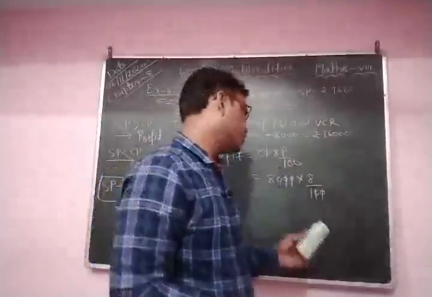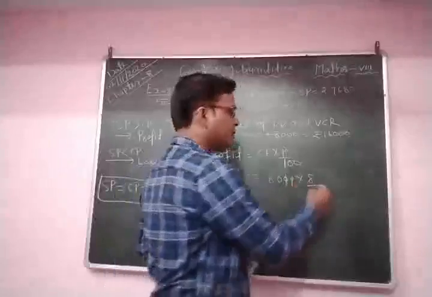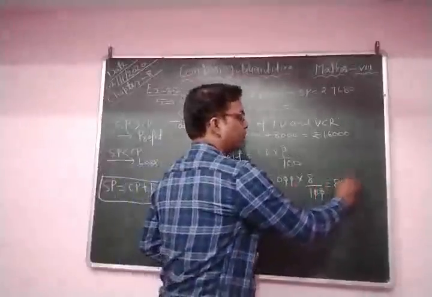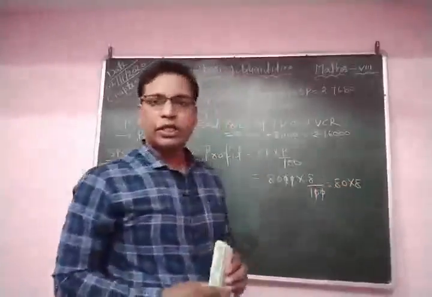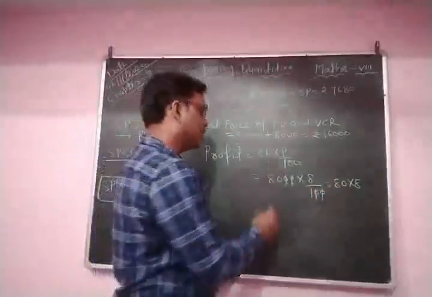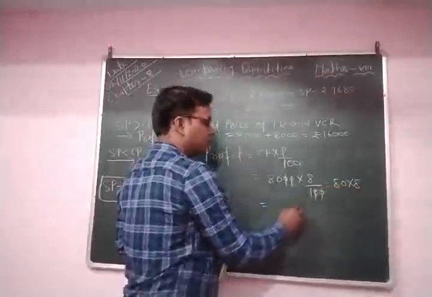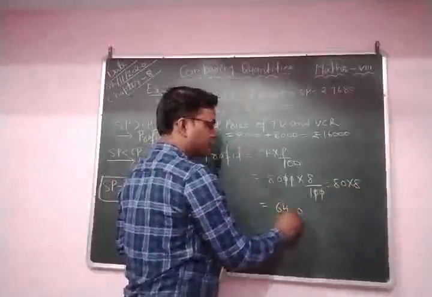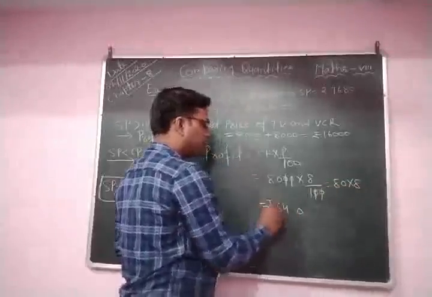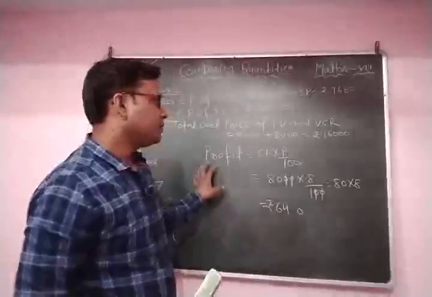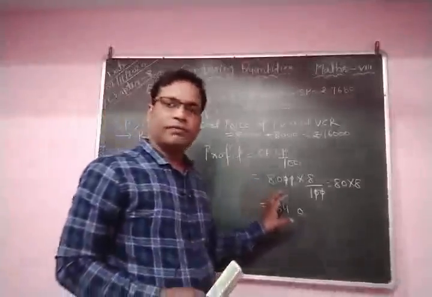Clear? So 80 into 8, for this you write 0 and 8 into 8 is 64. So here we find the profit on TV is 640 rupees.